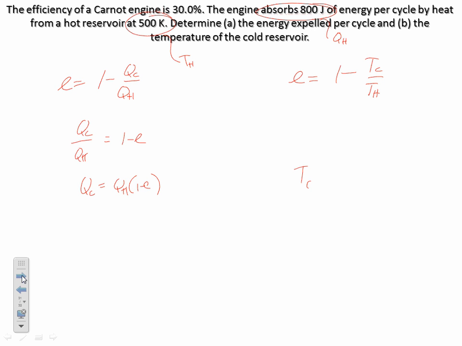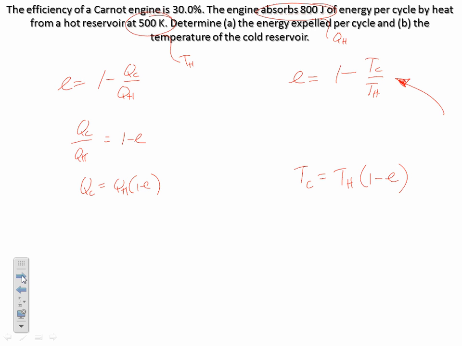Well, it can be shown with some algebra, same thing, just with T's instead of Q's. So that's really the only thing that you need to be able to do with Carnot engines. Make sure we can talk about Carnot efficiency, which just relates temperatures.